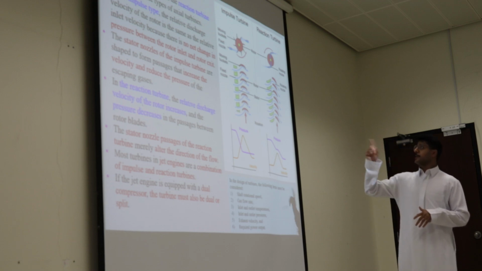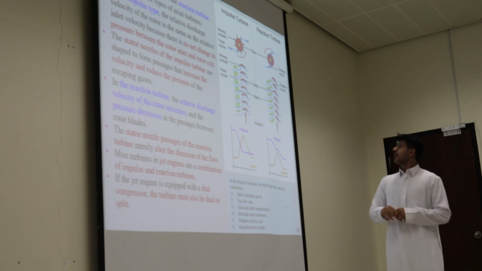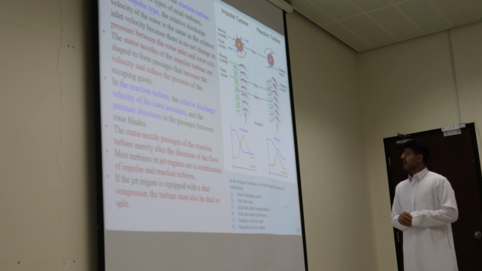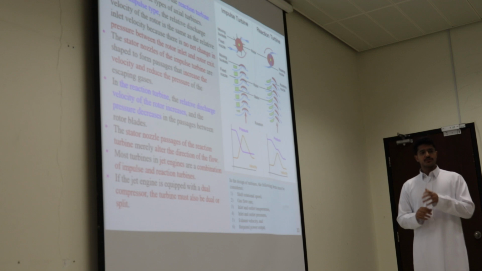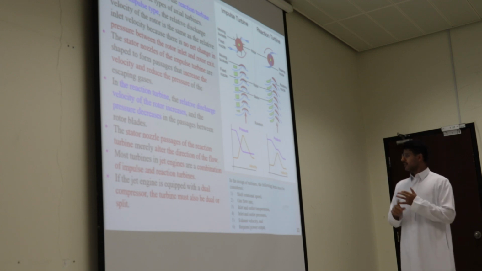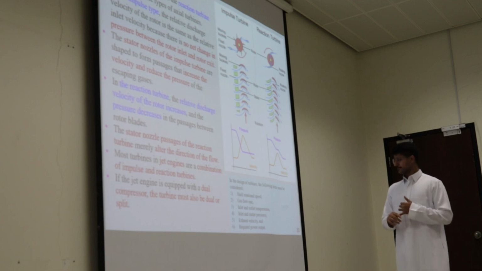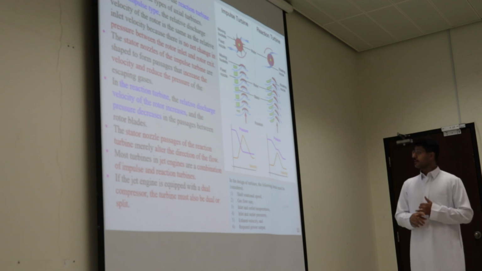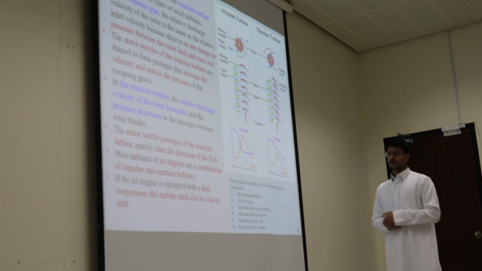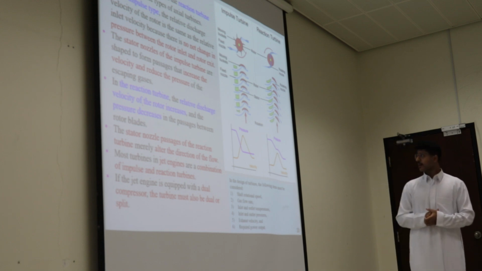constant in the impulse turbine. The second kind, the reaction turbine, is kind of the same process but in a different way. The rotors here accelerate the flow by reducing the pressure and increasing the velocity, but not as much as the impulse turbine does.